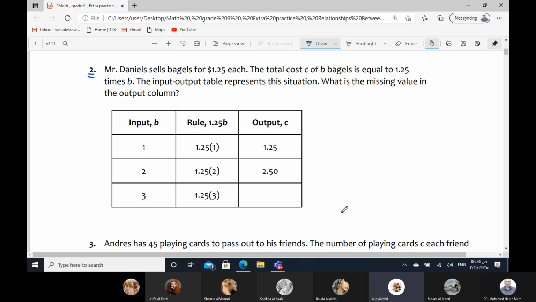Mr. Amalia, is the answer 3.75? Okay, maybe Alia, thank you. Who has a different answer?